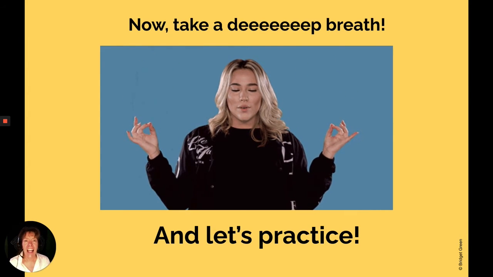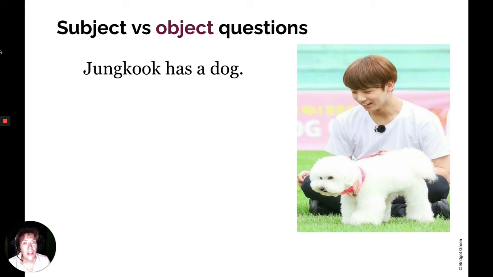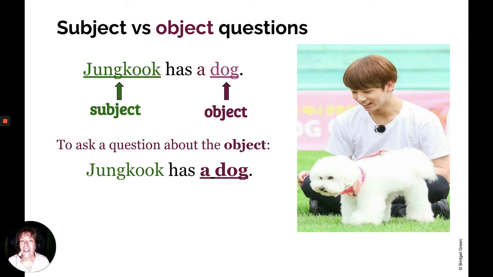Now, let's continue with online grammar. Yay! Jungkook has a dog. Oh, isn't he cute? Now, notice, dog is the object, right? So, Jungkook is the subject. To ask questions about the object, Jungkook has a dog, ask about the dog.